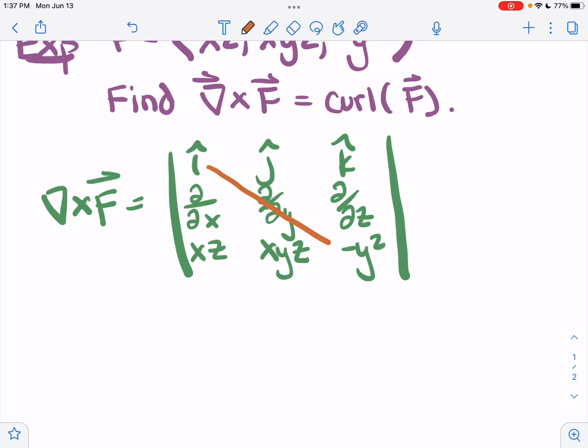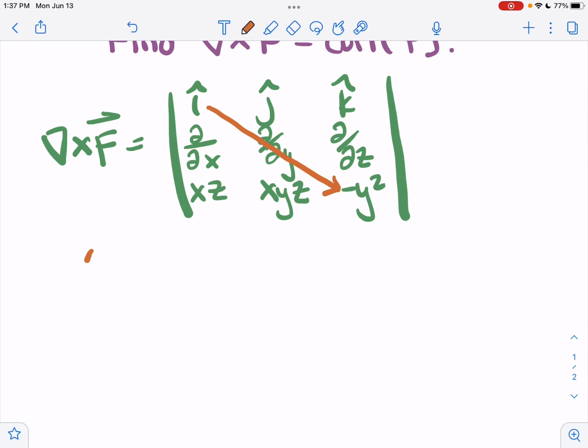First I'm going to go down this row like so. And I'm going to say, okay, that's an i, and I have a partial derivative with respect to y of negative y squared. So that's negative 2y is that partial derivative. And then the other piece that I'll get with a y, so we had a negative 2y.